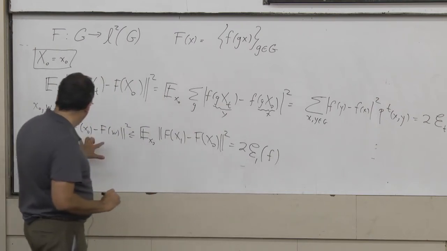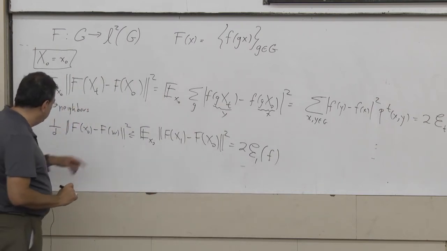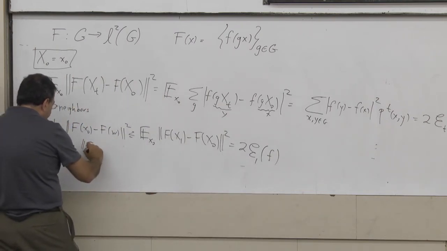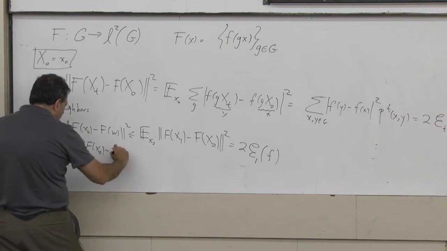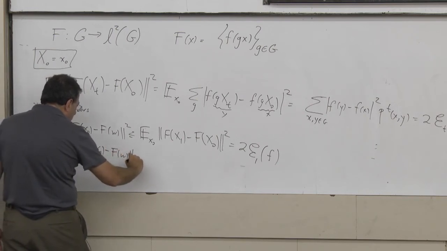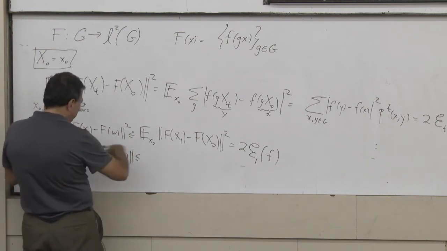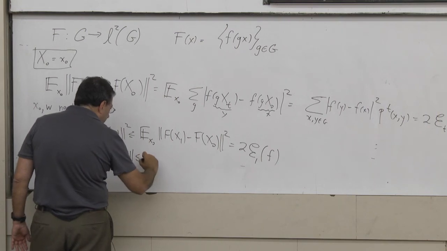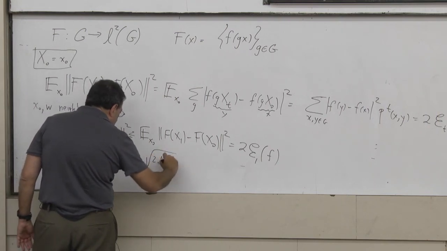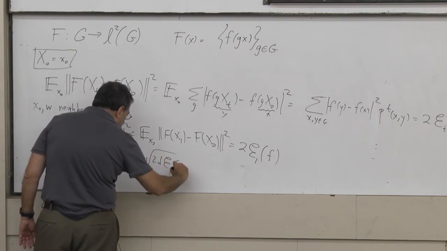Now, why did we do this? Because this tells me that the norm of fx0 minus fw is less than, once we move the d, root 2d E1 of f.